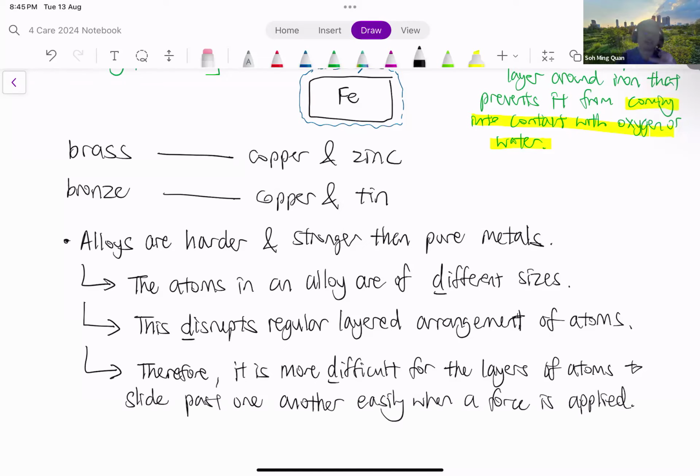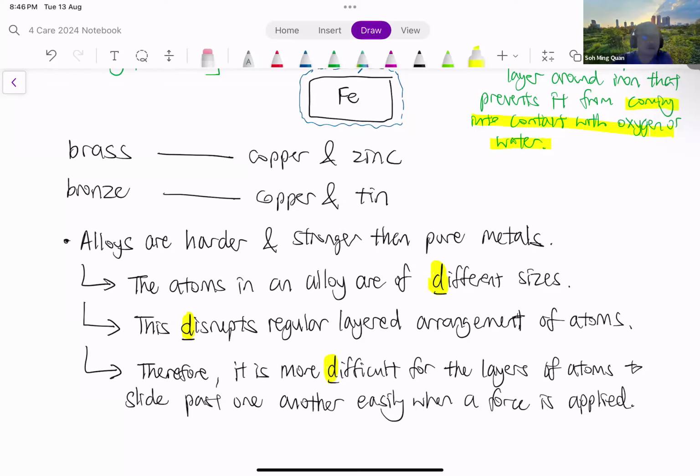Right? So the idea is it's stronger because the layers don't slide past each other so easily. So the 3Ds: different size, disrupting the regular layer arrangement of atoms, difficult for the layers to slide over one another or slide past one another.